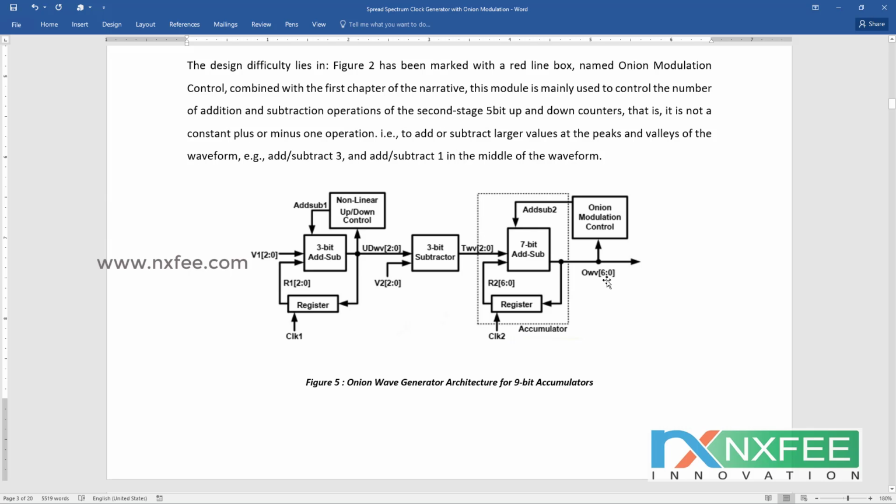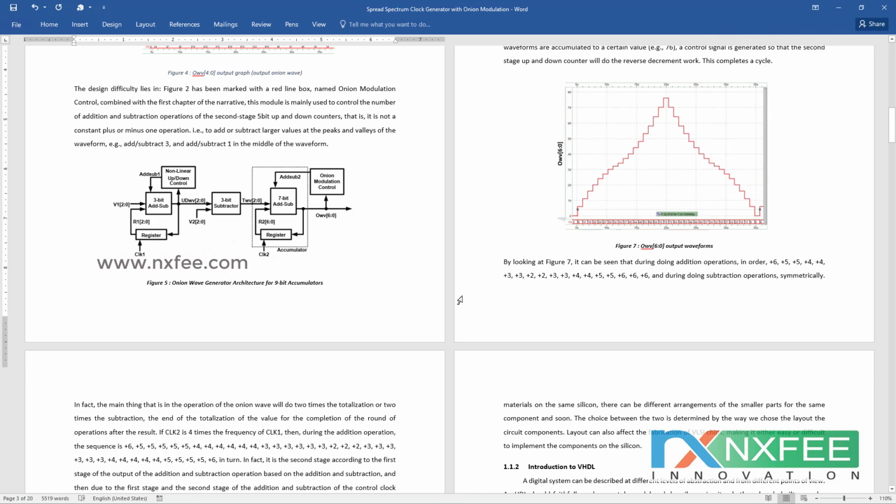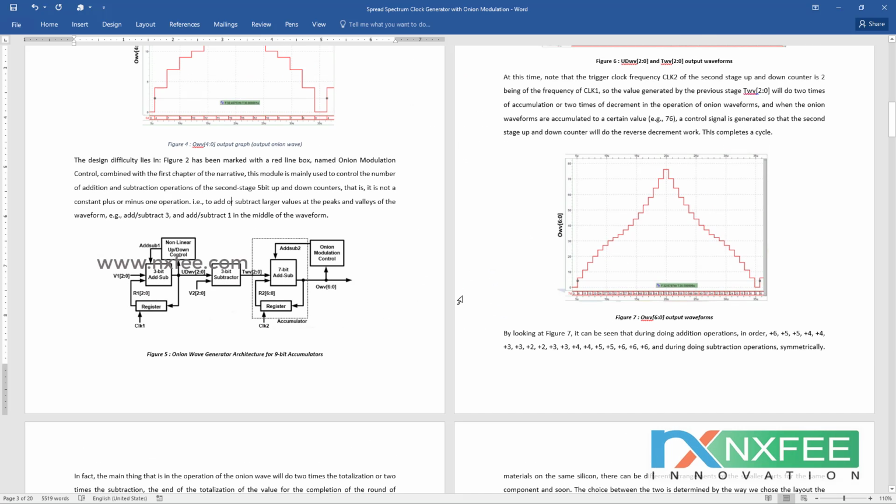For the internal architecture, you can refer to the number of additions, subtractions, registers, and a controller. As per this architecture we have developed the proposed architecture with Verilog HDL and simulated it with the Xilinx Virtex-5 FPGA.